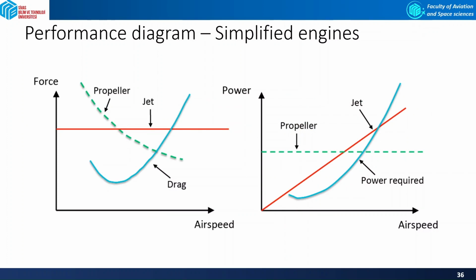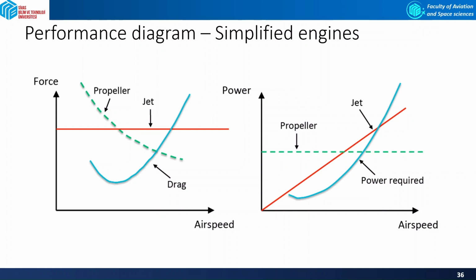Also, we saw that the aerodynamic drag force as a function of airspeed has this blue curve at left, this quadratic shape. The power curve is simply aerodynamic drag multiplied with airspeed, so the power is in the cubic form, v to the power of 3.